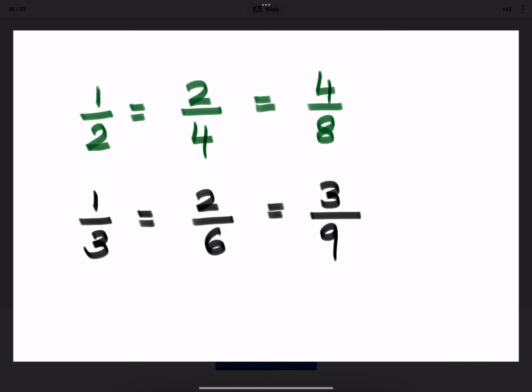The equivalent fractions of 1 divided by 2 are 2 divided by 4, and 4 divided by 8. The equivalent fractions of 1 divided by 3 are 2 divided by 6, and 3 divided by 9.